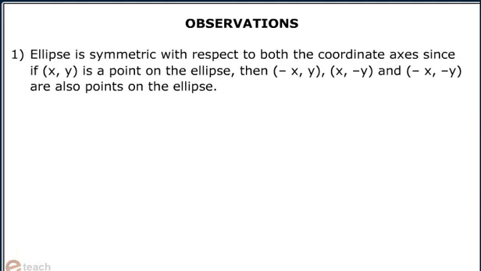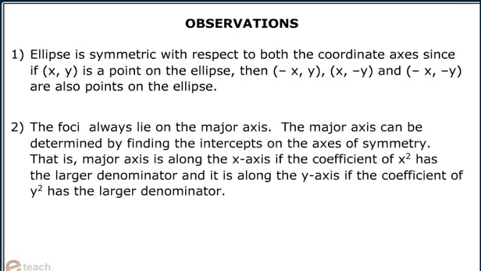First, the ellipse is symmetric with respect to both the coordinate axes, since if (x, y) is a point on the ellipse, then (−x, y), (x, −y) and (−x, −y) are also points on the ellipse. Second, the foci always lie on the major axis.